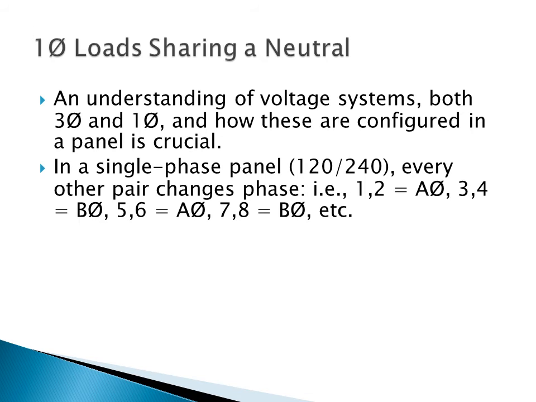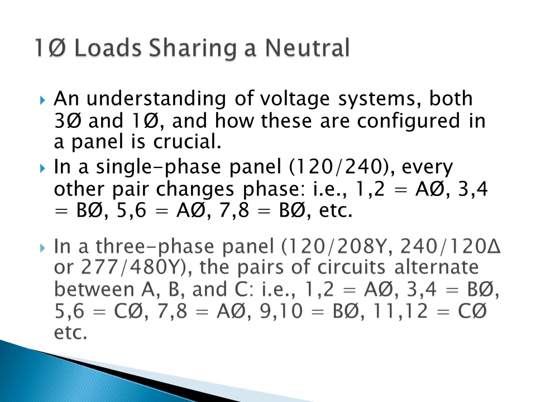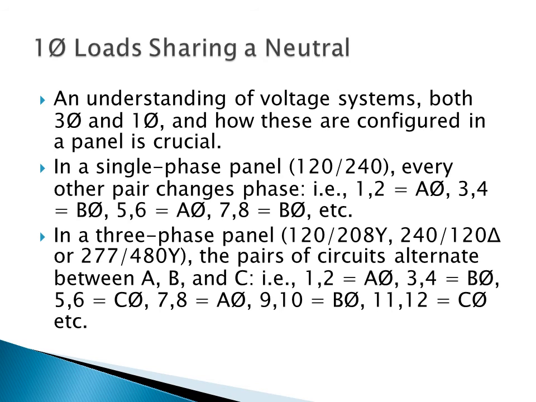So circuits 1 and 2 are in A phase, 3 and 4 are on B phase, 5 and 6 are back on A phase, etc. In a 3-phase panel, a 120-208Y, a 240-120 3-phase delta, a 277-480 Y configuration, the pairs of circuits alternate between A, B, and C phases. So circuits 1 and 2 are on A phase, circuits 3 and 4 are on B phase, and circuits 5 and 6 are on C phase, and then it just repeats.